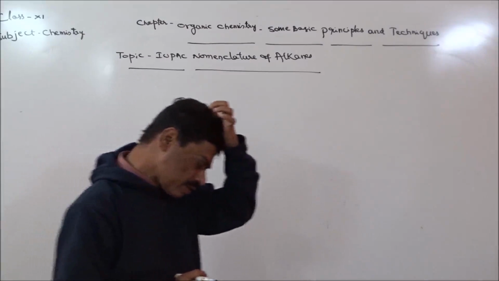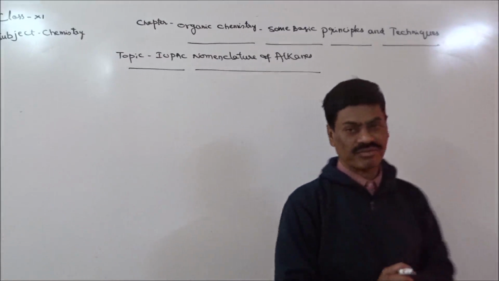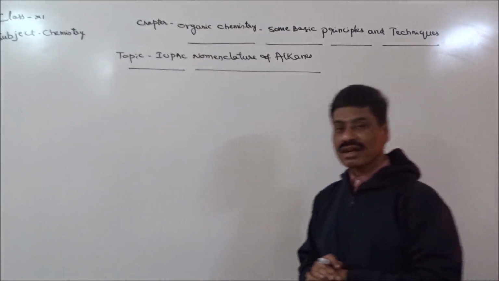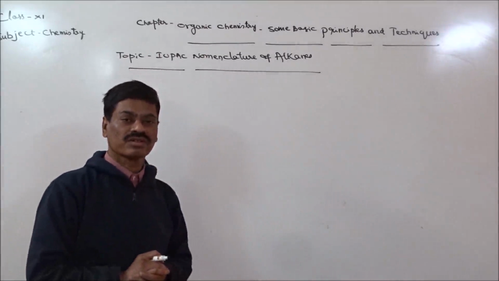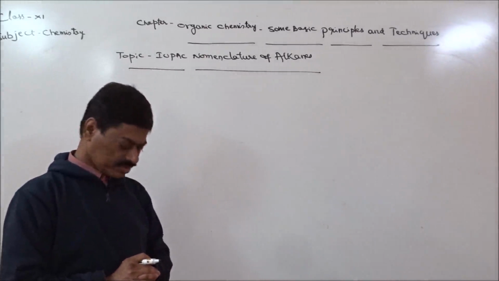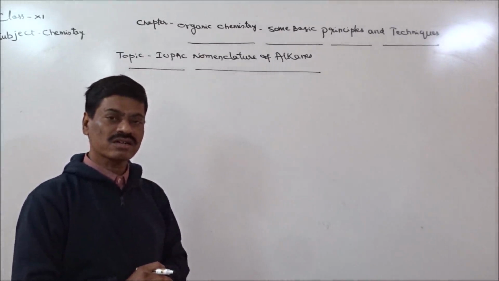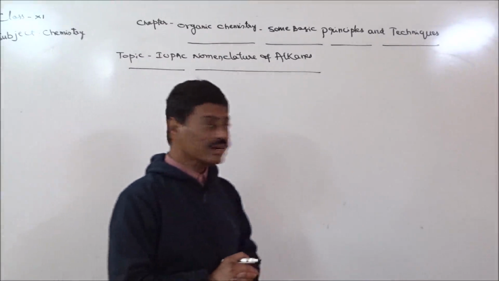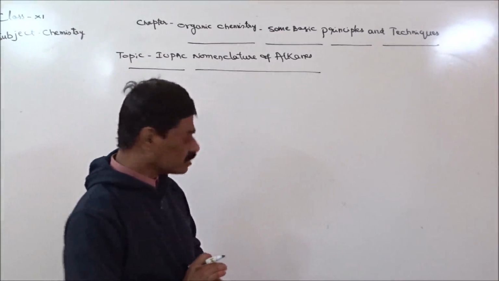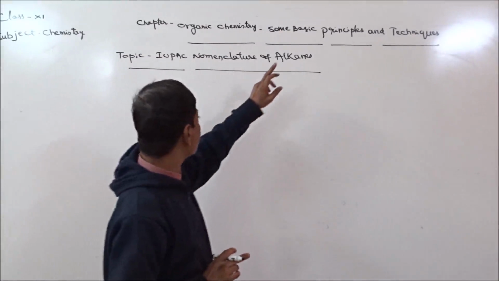Means these hydrocarbons are made up of hydrogen and carbon with single bonds. So in the case of alkanes, no multiple bonds are found. Multiple bonds means double and triple bonds. Right? So that's about alkanes.